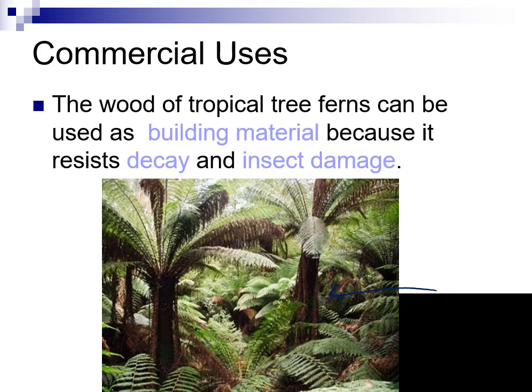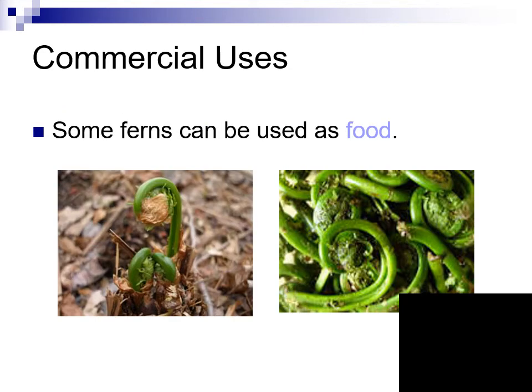And because they live in a tropical rainforest where there's lots of insects and lots of fungal species, they do have to worry a little bit about decomposition and decay, and so they produce chemicals that keep them from being decomposed, and that makes them a good choice for building materials.